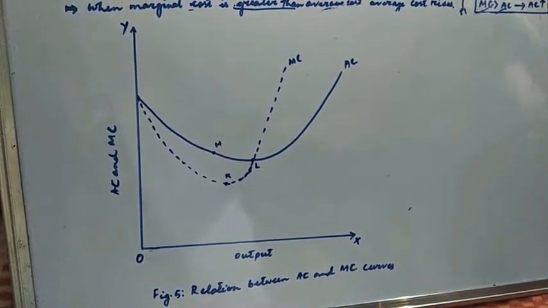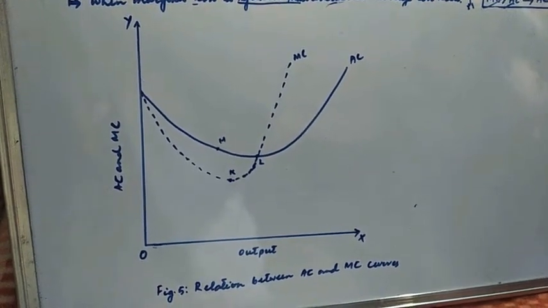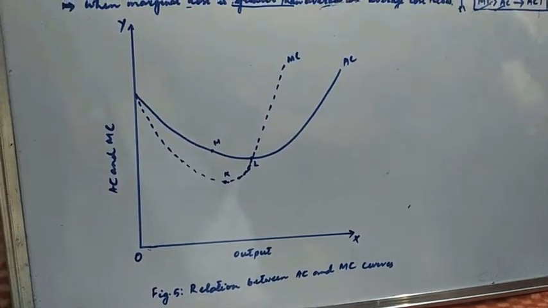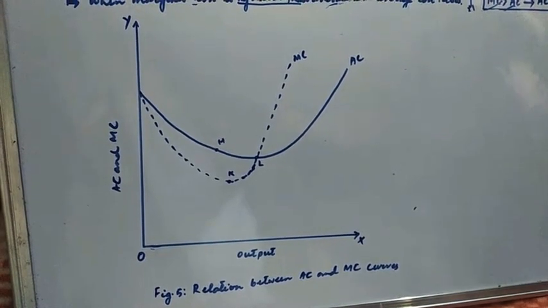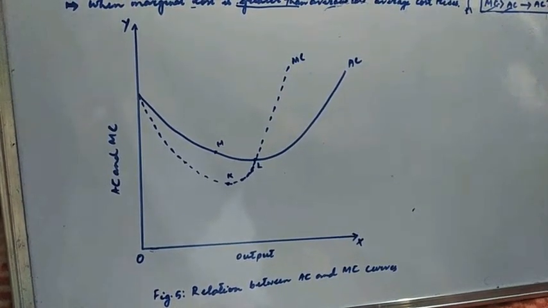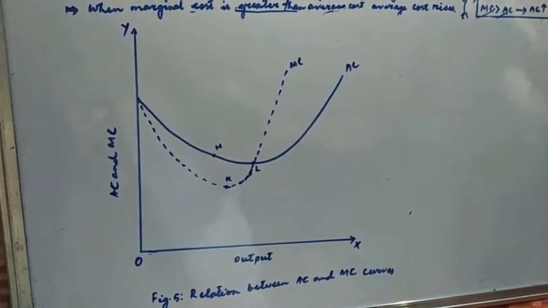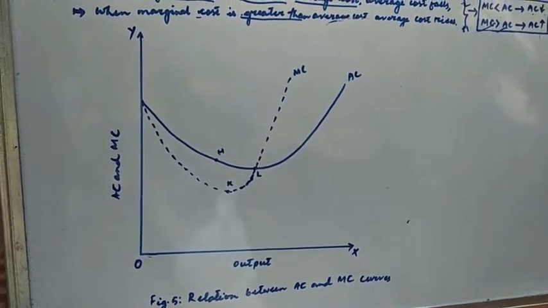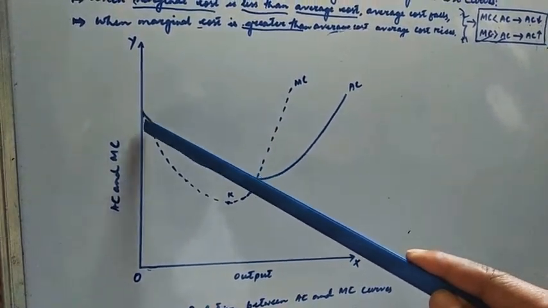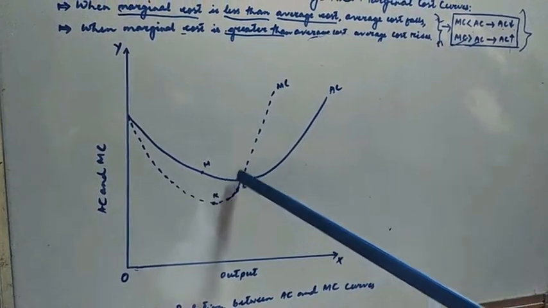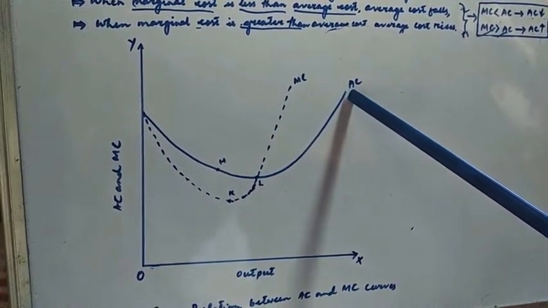In this figure 5, we have drawn the average cost curve AC and marginal cost curve MC. So as long as this marginal cost is lying below this average cost, what will happen? What did you see here?